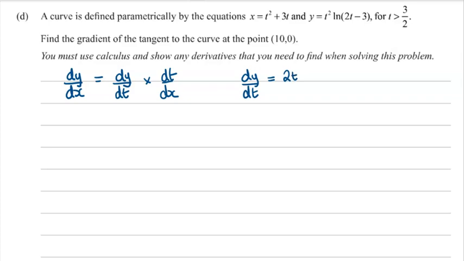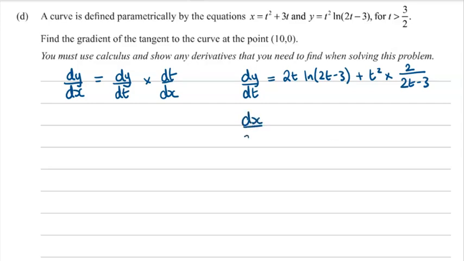So 2t natural log 2t minus 3 plus t squared times 1 over 2t minus 3. So that'll just be t squared over 2t. Oh, no, hold on. So t squared times, it'll be 2 over 2t minus 3, like that.